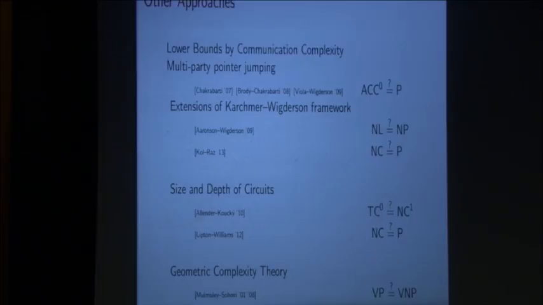There's another variant with distributed input, where there's a non-deterministic prover or something. Yeah, and then you can separate other classes using this kind of way. It's not necessarily the best way to go about it.